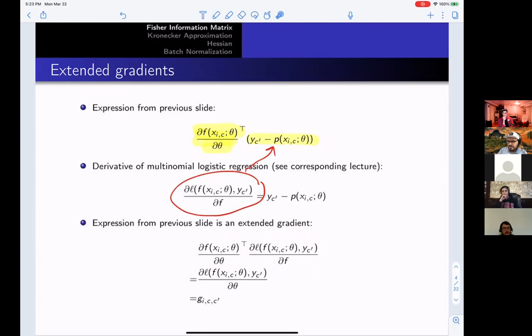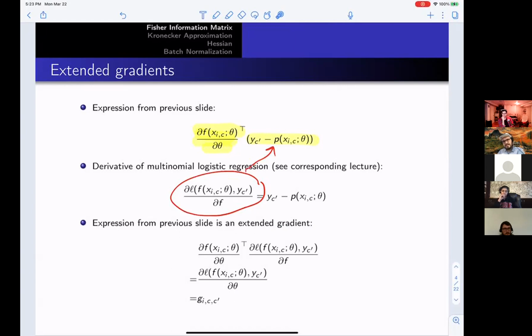And now notice that using just the chain rule, which we all love and cherish, this is equal to the derivative of the loss with respect to the parameters of the model. But what is strange about this derivative? This is a very strange derivative, because it is a derivative of a loss with respect to the parameters of the model. So you might say, oh, we like derivatives of the loss with respect to the parameters of the model.